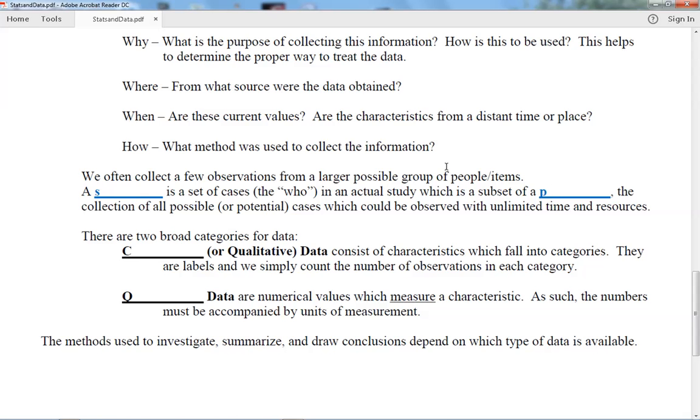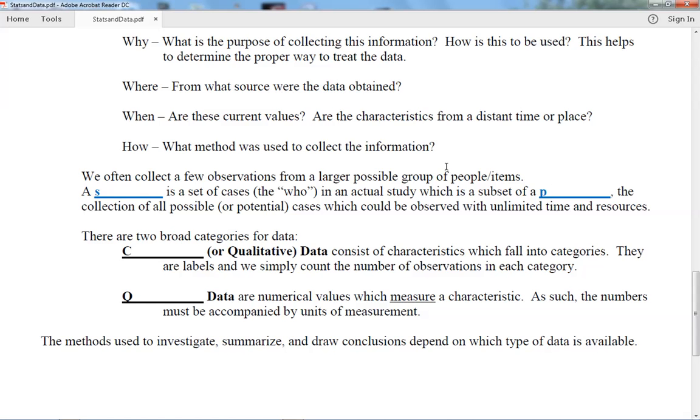There are two broad categories for data. The C represents categorical, or sometimes called qualitative data, which consist of characteristics which fall into categories. They are labels, and we simply count the number of observations in each category.